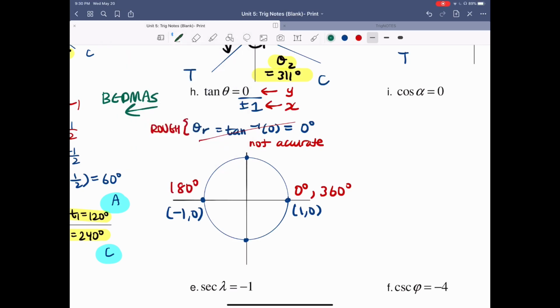So based on my drawing, the calculator told me it was 0 degrees as my only answer, but if you look at the full picture, you realize that you have 3 answers within this domain. And so you have theta 1 is equal to 0 degrees, theta 2 is equal to 180 degrees, and theta 3 is equal to 360 degrees.